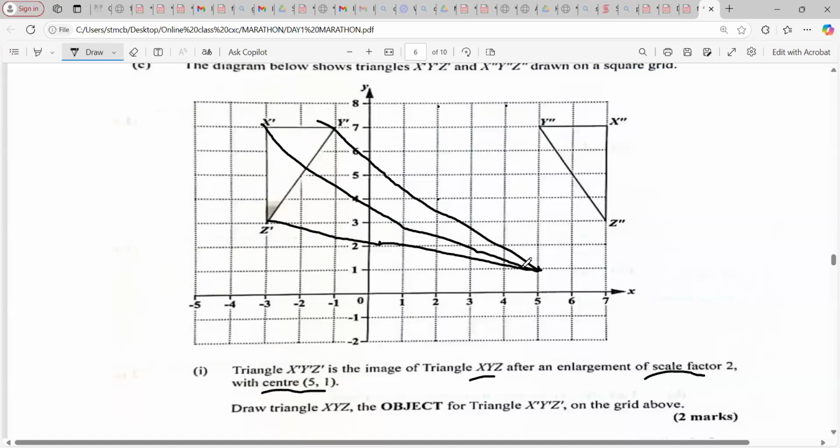Because it's not straight, we're supposed to get a smaller triangle compared to this.